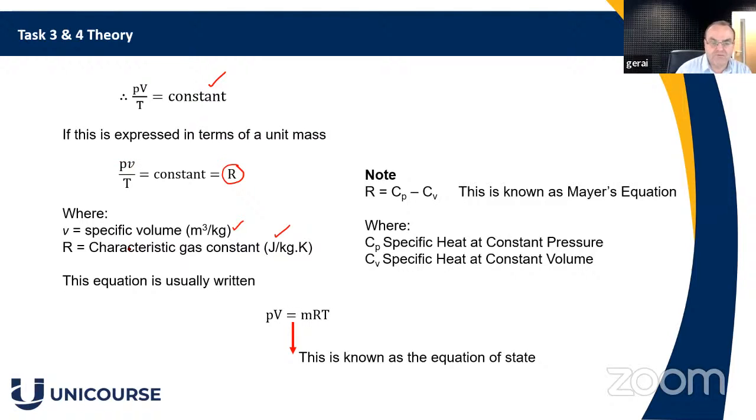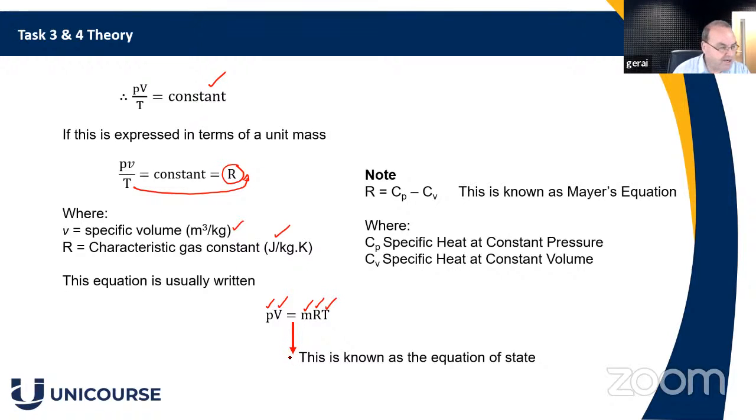So we can rewrite that equation as the pressure times the volume, which is capital V, is equal to the mass times this characteristic gas constant times the temperature, just taking the temperature over onto the other side. That's all we've done there. And that's known as the equation of state.